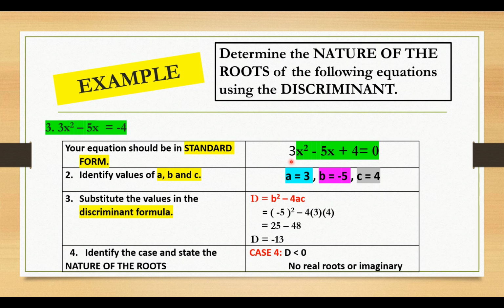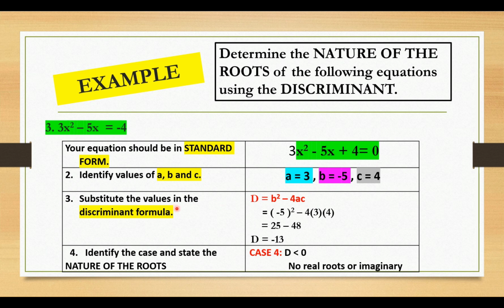And that will become 3x squared minus 5x plus 4 equals 0. Then identify again the values of a, b, and c. A is 3 from your quadratic term, 3x squared. B is negative 5 from your linear term, minus 5x. And c is equal to 4 from your constant term.